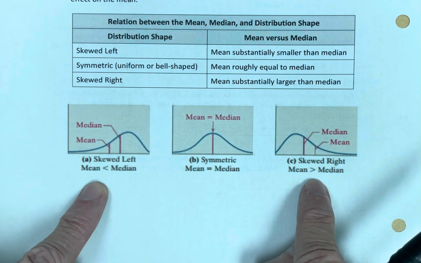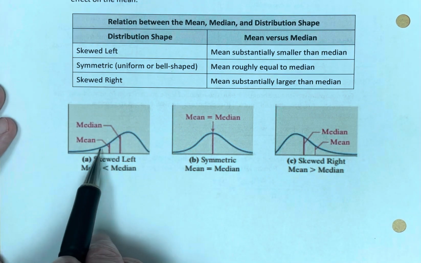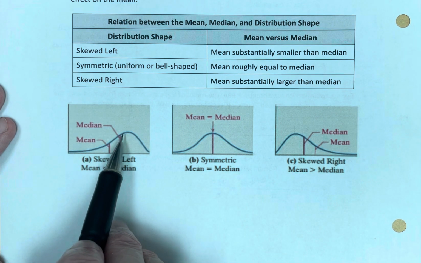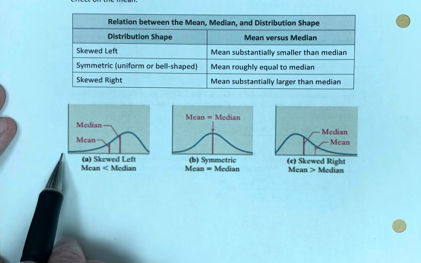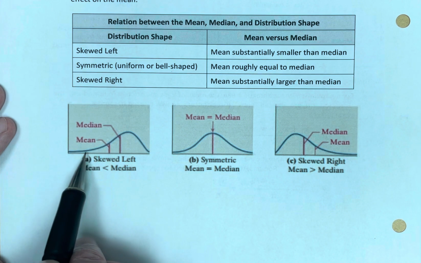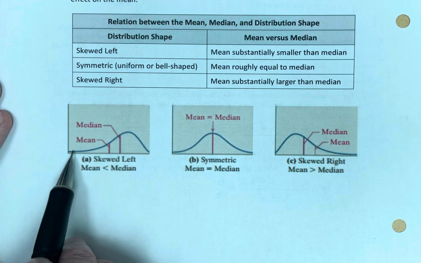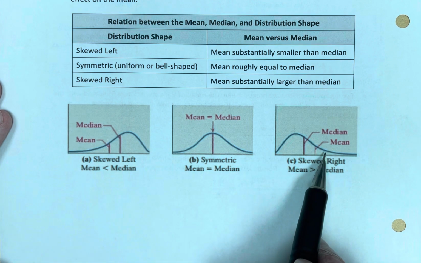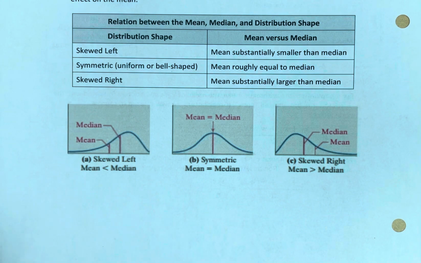The mean kind of follows the skew. If your data is skewing off to the left, the mean winds up following it because it is not resistant. And similarly over here. So there you have it, mean, median, mode, and a little bit about resistance.